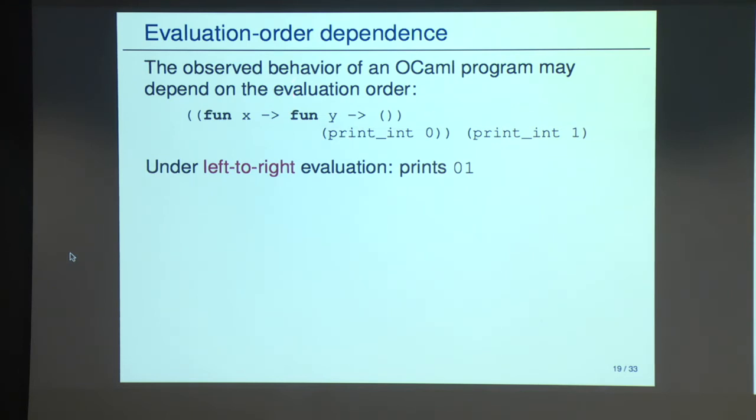Then we apply it to the first argument, and then we do finally print a 1. So overall, we get 0, 1 printed. If you do right to left evaluation, well, this outermost argument prints a 1, and then we go inside and then do the right of this one, and we get a 0. So we get something different, right?